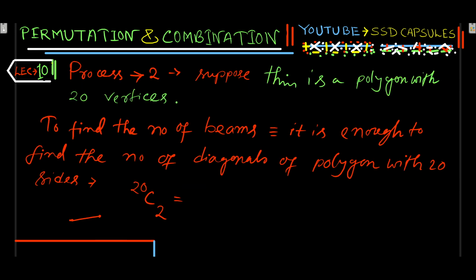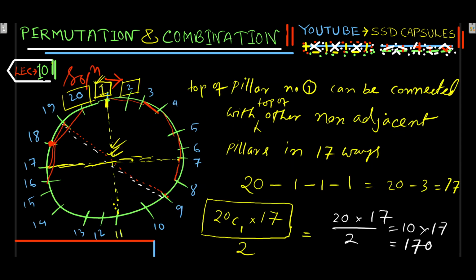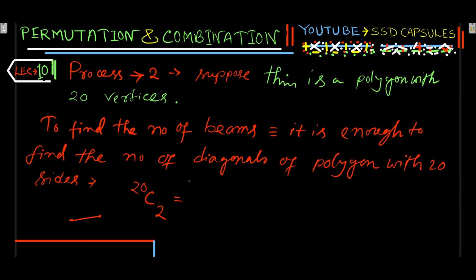So to get the exact number of diagonals, we have to subtract. We have to subtract what? We have to subtract the number of sides of this polygon, which are obviously 20, because it has 20 vertices and 20 sides.